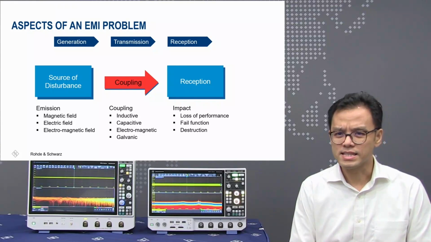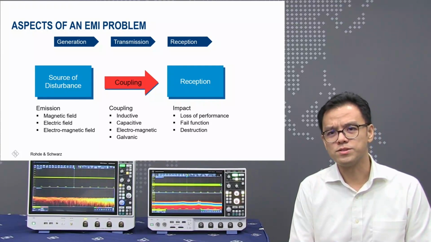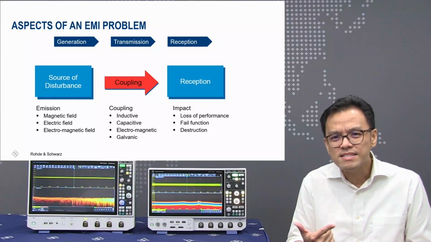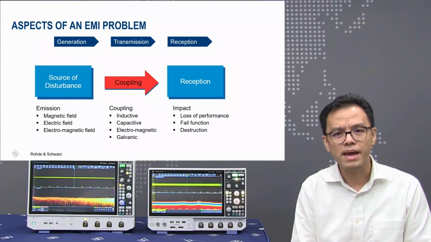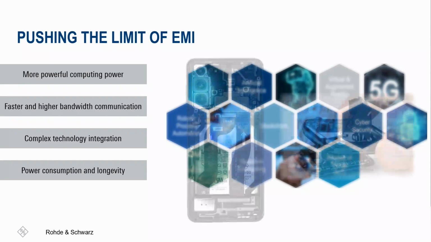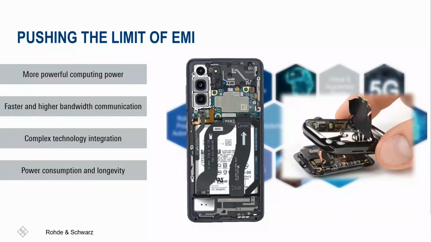Historically, EMI has led to significant issues, including product rejections, reduced yield, and in severe cases, harm and loss of life. Today, as the demand for powerful computing and high bandwidth communication system grows, circuits and systems are becoming increasingly complex and integrated.